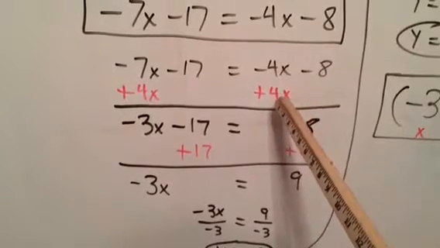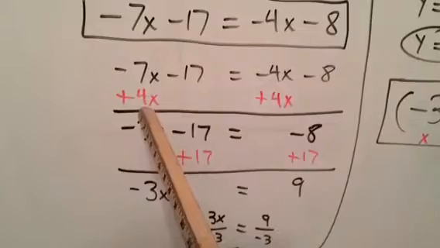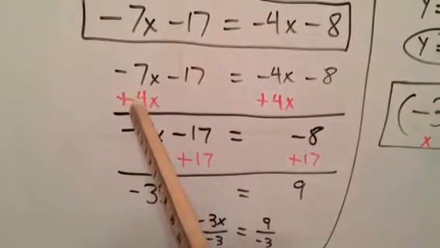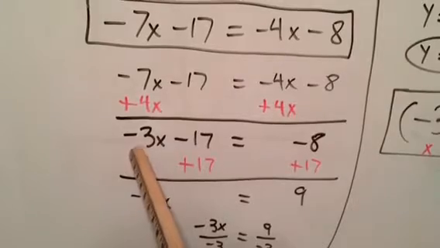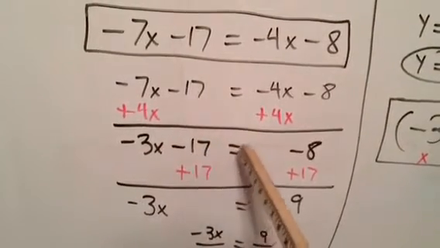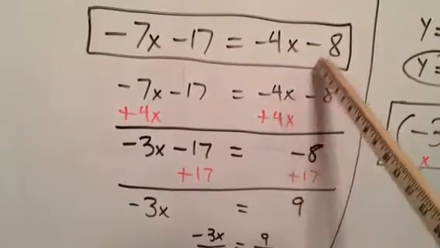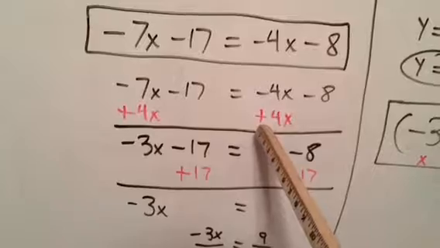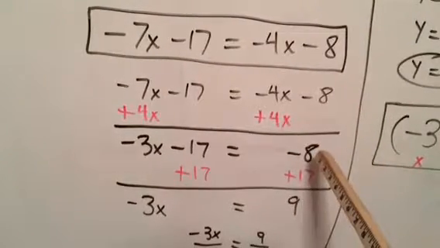So I have chosen to move the negative 4x by adding 4x to both sides. Combining the negative 7x and the positive 4x, I get negative 3x. The negative 17 still remains, equals. Notice the negative 4x and positive 4x cancel each other out, and we still are left with the negative 8.